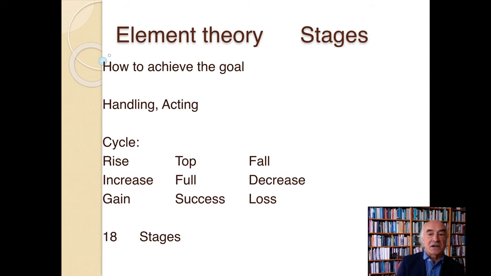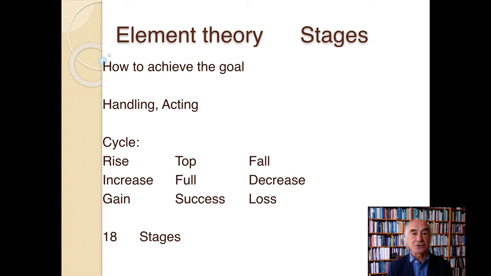The stages are a way to achieve the goal. It's the feeling of how far they are in reaching their goal or losing their goal. And not only a feeling, but especially how they handle the situation, how they act. The stages represent a kind of cycle. Rise, top and fall. An increase till a fullness.